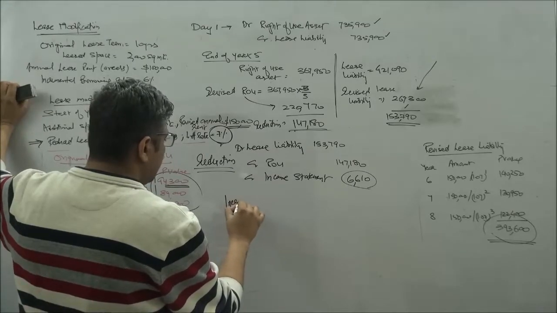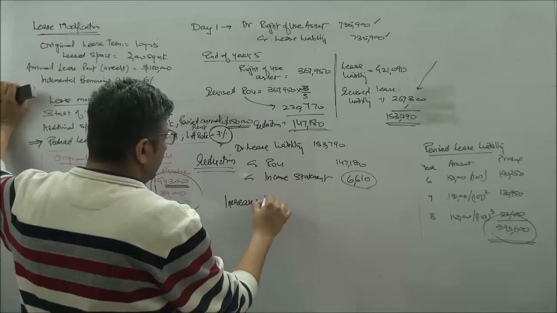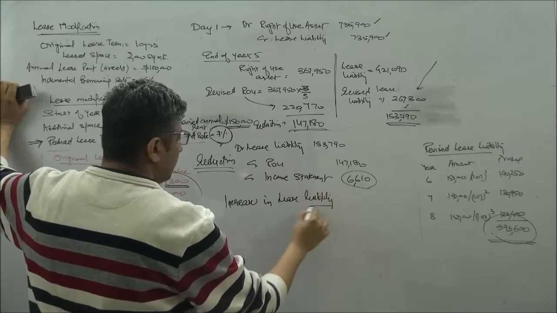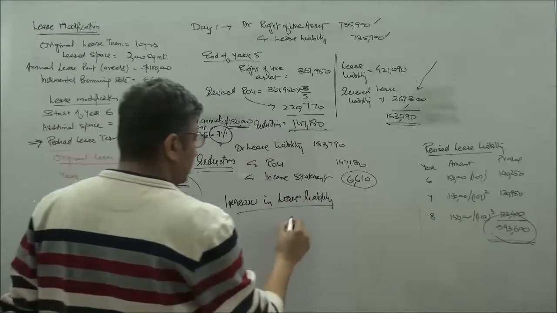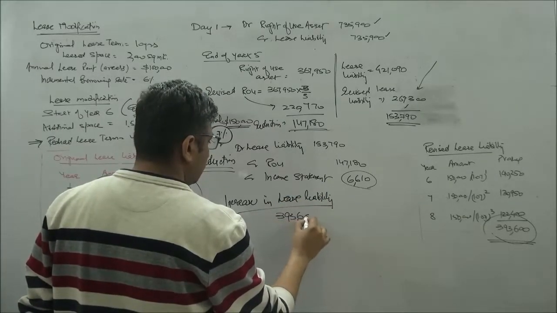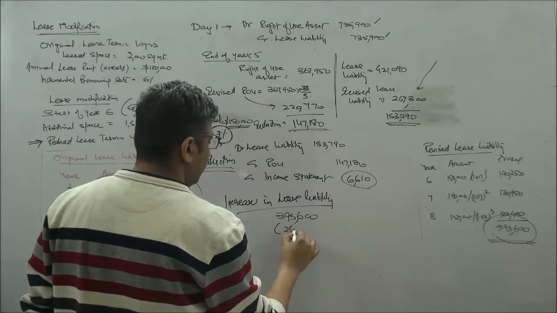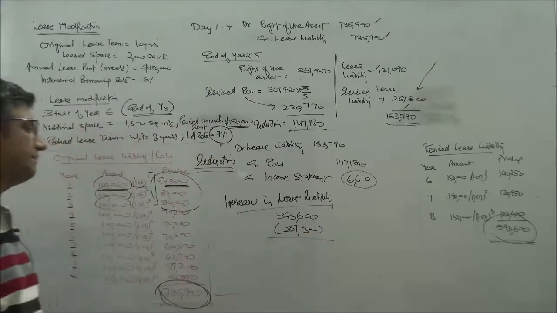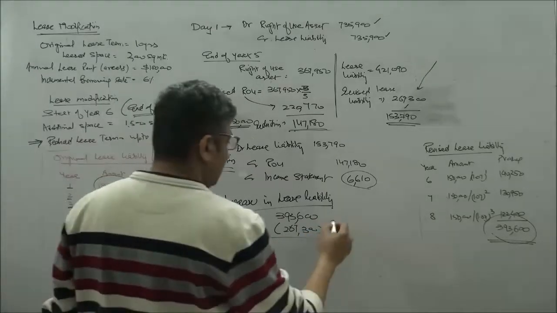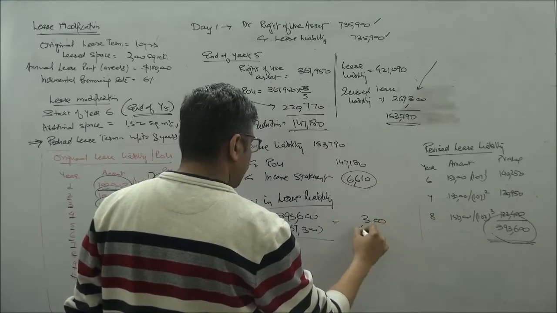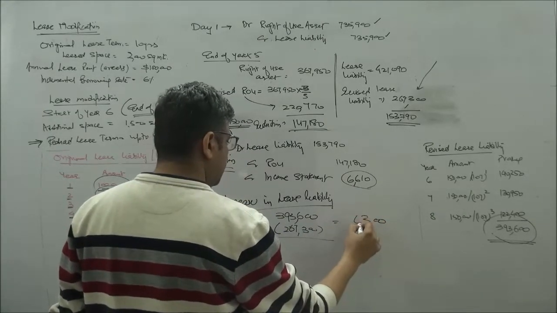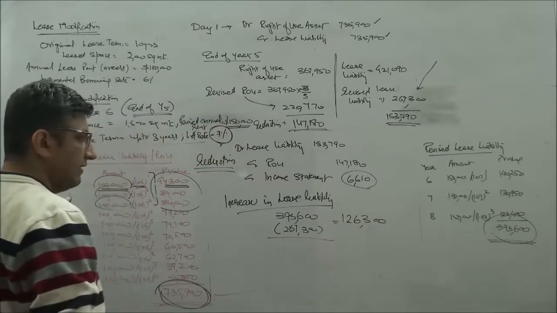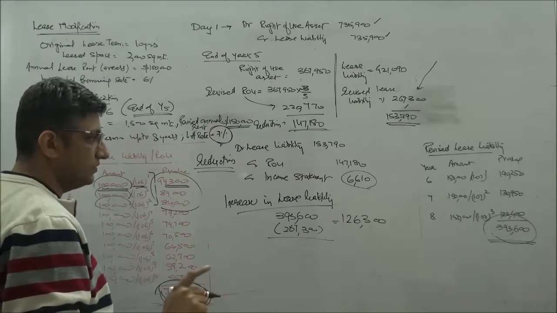So an increase in lease liability will arise here to the extent of 393,600 minus 267,300, which gives me a figure of 126,300.